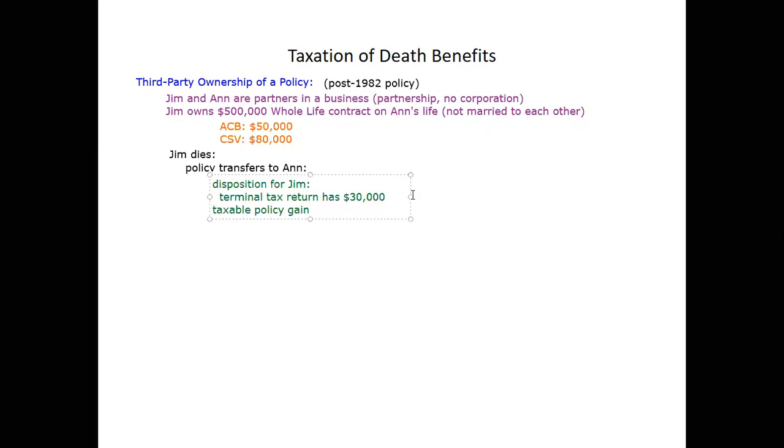And now Ann inherits the policy with an $80,000 ACB. Exactly, Chris, right on. Ann inherits the policy with an $80,000 ACB. You just applied your basic tax principles there, Chris, nothing fancy, right?